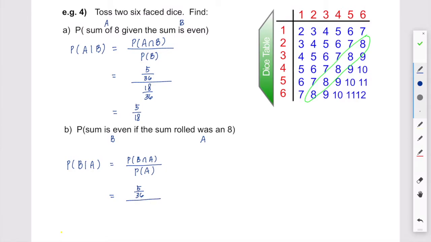But what is P of A, the probability of rolling 8? It is 5 out of 36, which is 1. It is important to note from this example that P of A given B is not necessarily equal to P of B given A. Please note that.